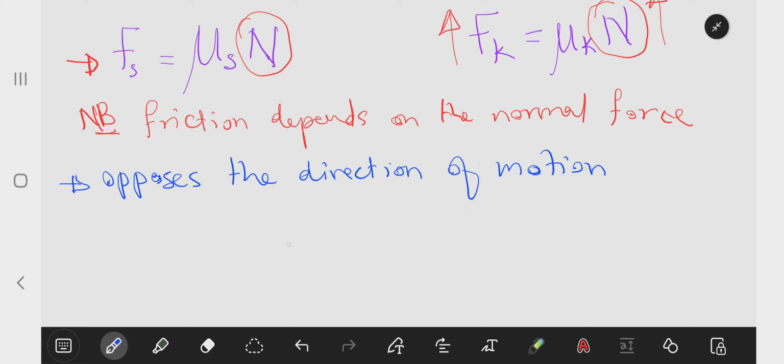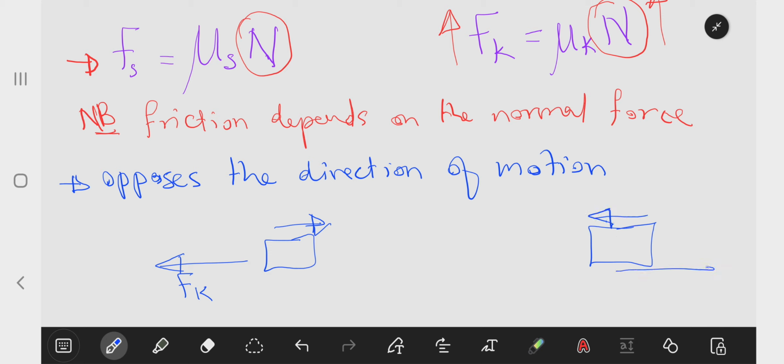For example, if the object is moving to the right, then friction would point to the left. If your object is moving to the left, then your friction would point to the right. So it always opposes the motion.